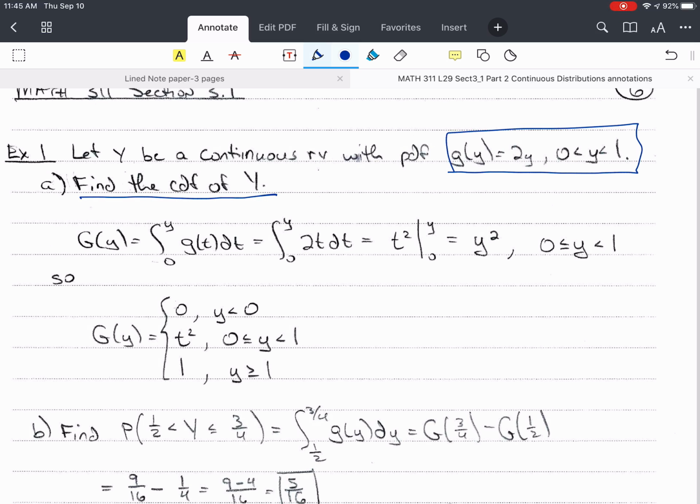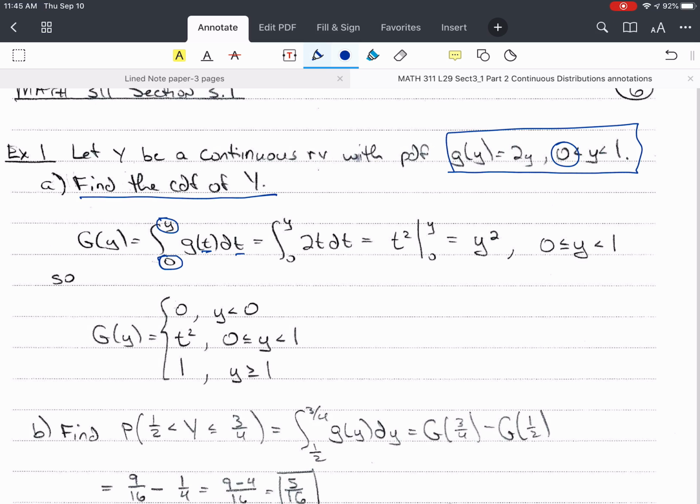So G of y, the capital G of y, is going to be the integral. Since the support of y is from 0 to 1, we can integrate from 0 to y. We'll use a different variable. I've used t here. You could use u, you could use x, you could use something else. That's up to you. I like to use t as my integrating variable, just to be consistent.